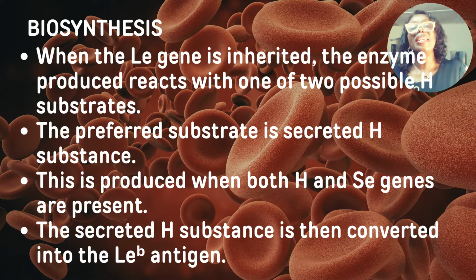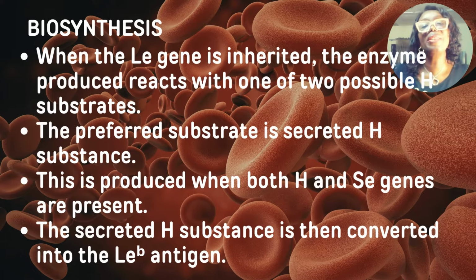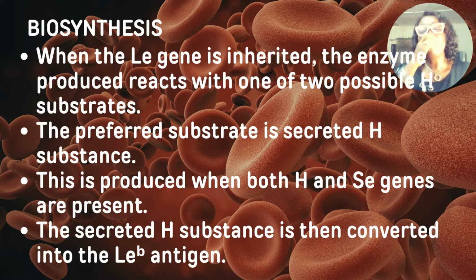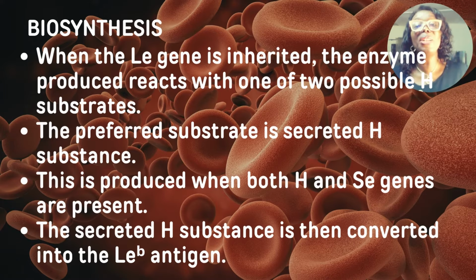If you inherit a functional Lewis gene from your parents, you produce the fucosyltransferase 3 enzyme, and this enzyme can act on another substrate, either the H substrate or the SE substrate. Remember, not everybody has a functional SE gene.